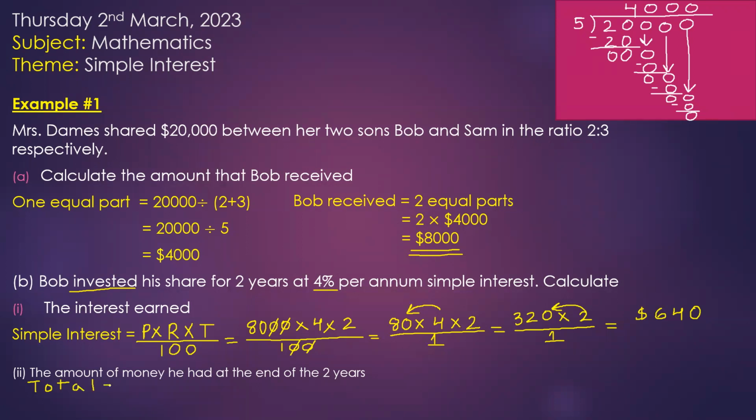Okay. Y'all could see that at the bottom. You say $8,000 plus $640? So $8,000 plus $640. That's $8,640. Mr. Potato, I can't see. You can't see at the bottom? What part you can't see?